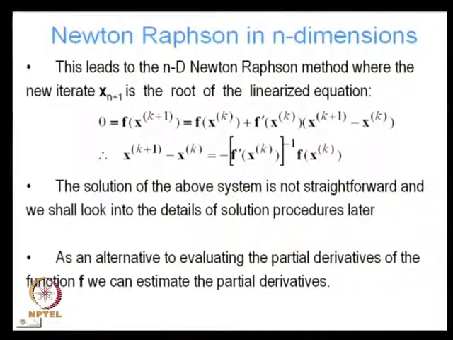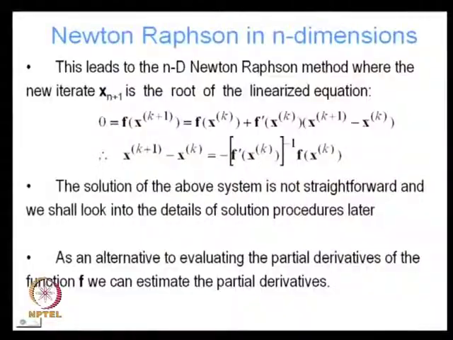So, we say that f of x k plus 1 is equal to f of x k plus f prime x, this we already saw, and we say that my new iterate is x k plus 1. Remember what we did in one dimensional Newton-Raphson. We took the tangent to my curve at the point and said, what is my new iterate? My new iterate is where my tangent intersects the x axis.